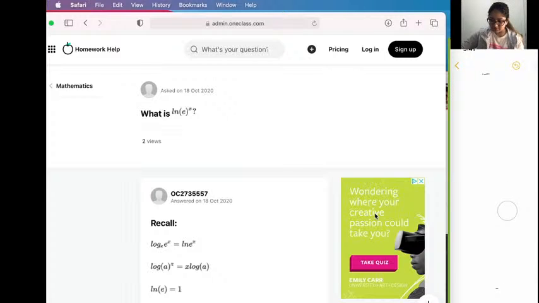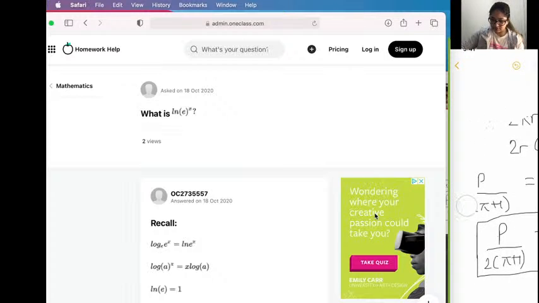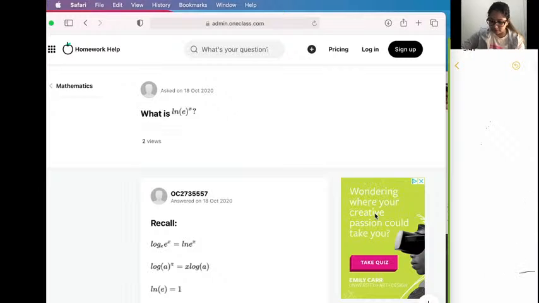So our next question, number 3, says what is ln e to the power of x. So an ln function is basically the natural log.